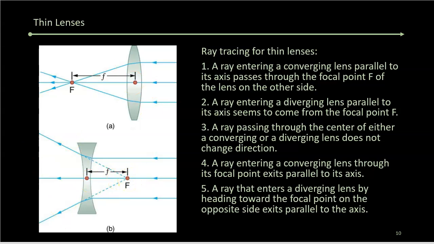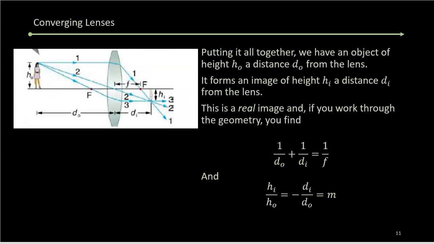The equations for lenses are pretty simple. Let's take a converging lens. We're going to define everything here. DO is the distance from the middle of the lens to the object. In this case, the object is this woman over here. DI is the distance from the lens to the image.